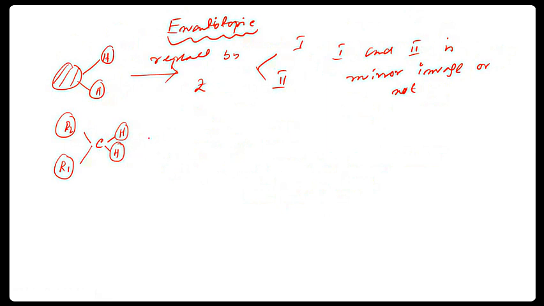Now we will take it by examples. Enantiotopic protons have the same chemical environment, because their neighbors are the same. As their neighbors are the same, they have a similar chemical environment.